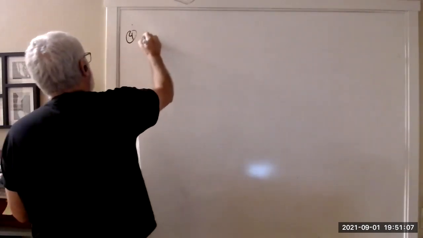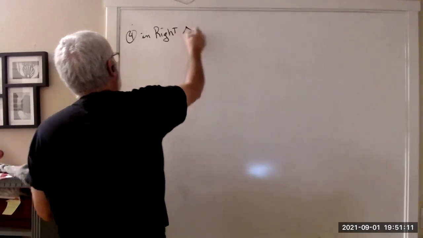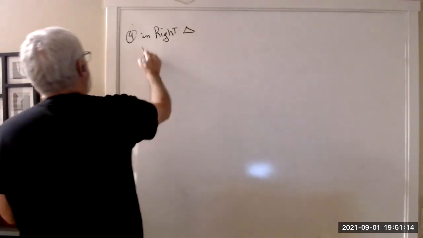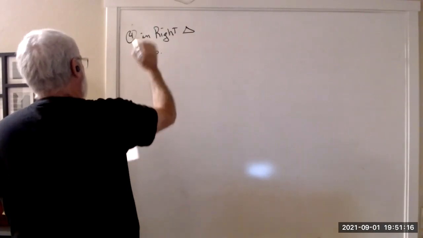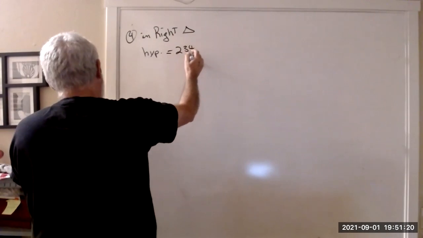Last word problem here, number 4. It says in a right triangle, the hypotenuse is 234 centimeters.